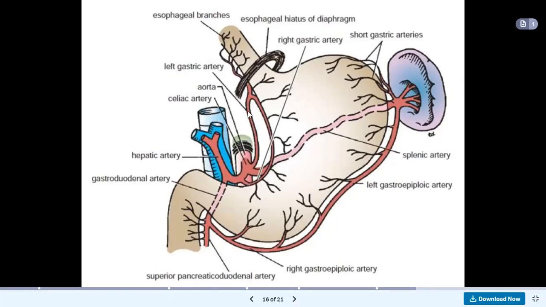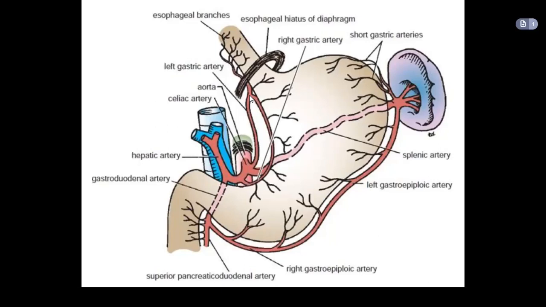The left gastric artery comes from the celiac trunk.